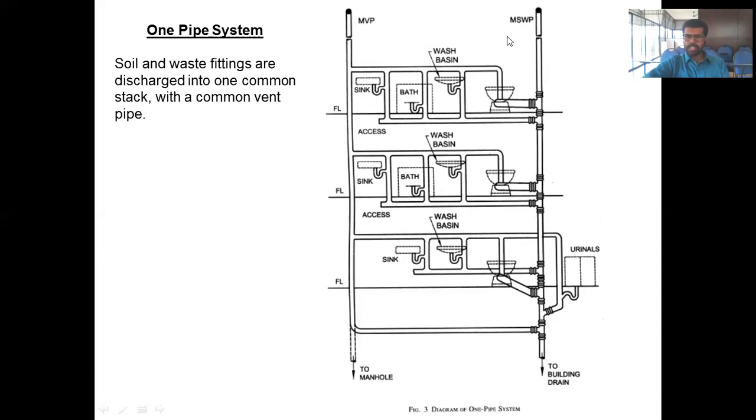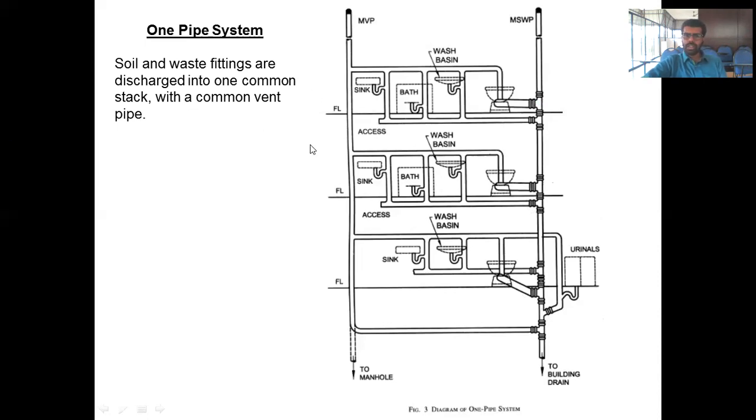You can see that the discharge of water from all the fixtures is directly taken to only one single stack. It is connected to a single stack only, and the ventilating pipe, or the main vent pipe, is taken separately. So soil and waste fittings are discharged into a common stack.